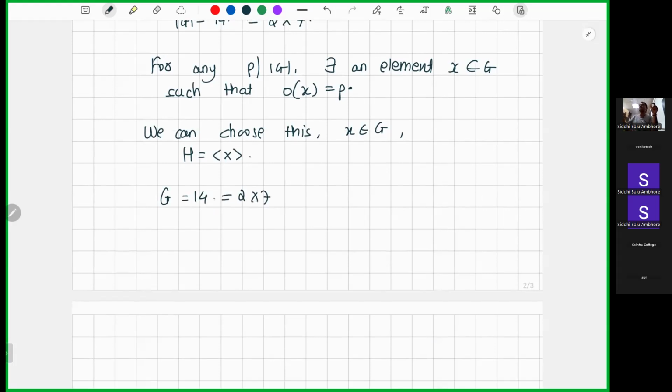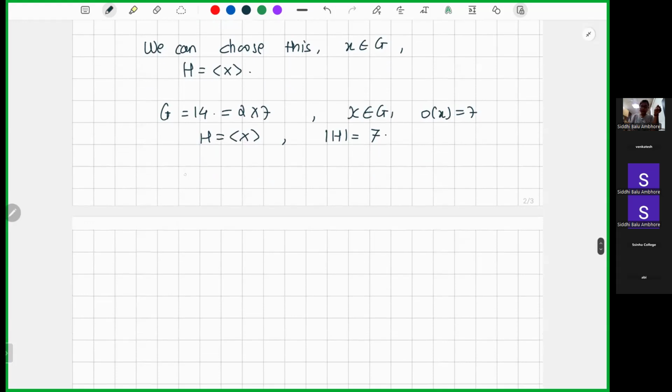So here G has order 14, so it is 2 into 7, and there exists an element of order 7 in G. I will take x in G such that the order of x is 7. Then when I take H, the cyclic subgroup generated by that x, the order of H is 7. And now the index of H in G is 2, right?